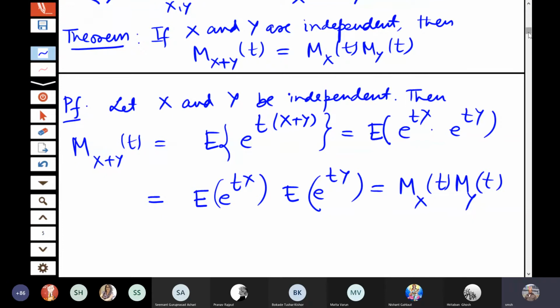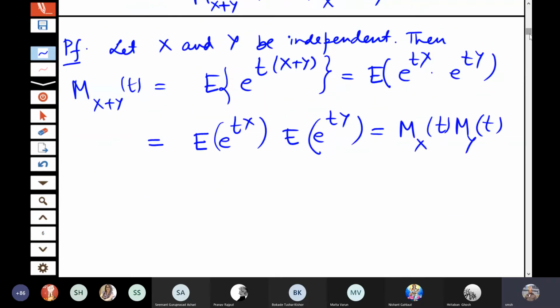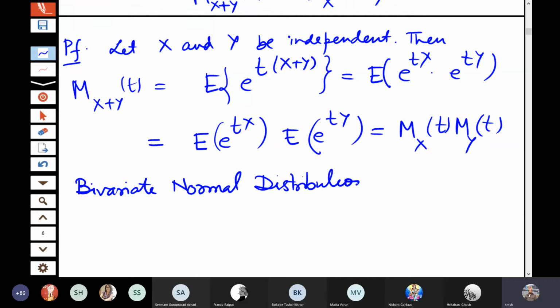Now I will take up one special one, that I will discuss separately. That is nothing but the bivariate normal distribution. As the name suggests, it is actually a generalization of the univariate normal distribution to two dimensions.